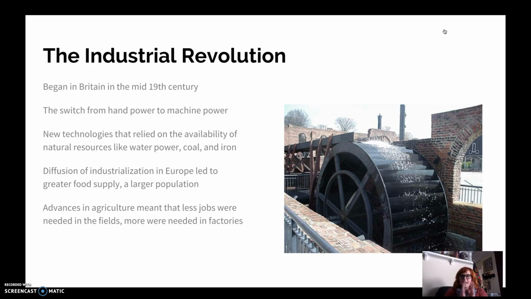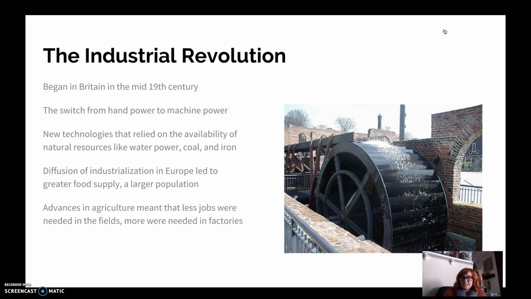So instead of handmade crafts, we start to make machine-made crafts and have the machines do a lot of work for us. Machines are really large, so they cannot fit in people's homes anymore, so cottage industries mostly are gone in Europe by the end of the Industrial Revolution because all of that work has moved to factories, right?